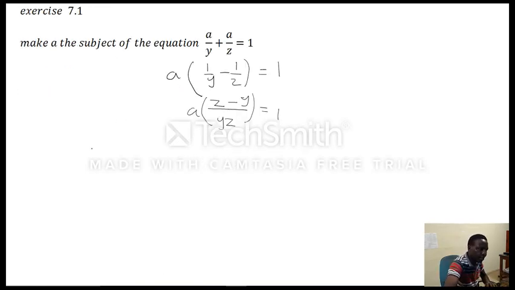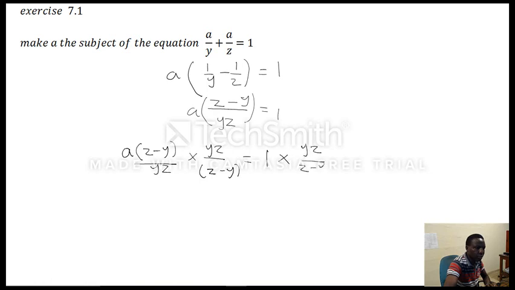So I'm going to multiply both sides by the reciprocal of Z minus Y over YZ, which will be A into bracket Z minus Y over YZ times YZ over bracket Z minus Y is equal to 1 being multiplied by YZ over Z minus Y. Then you discover that this will cancel this, and we'll have A is equal to 1 times this is YZ over Z minus Y, because 1 times anything gives you that thing.